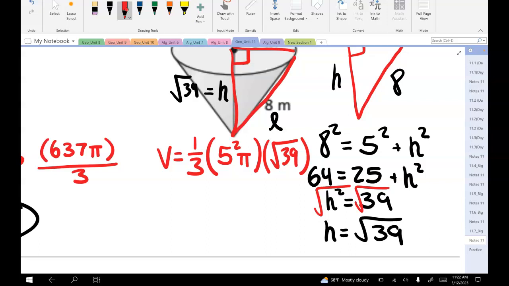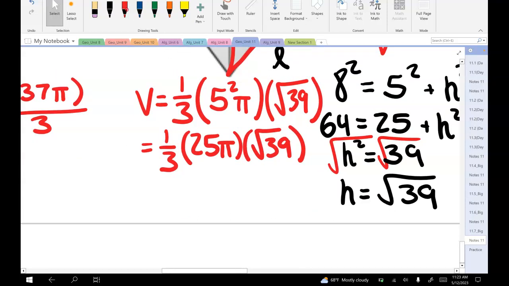All right. Multiplying this through, doing some more simplification. 1/3, 25 pi, square root of 39. We can then multiply our two numbers in parentheses together. But since this is not a root and this is a root, you can't multiply 25 pi and 39.